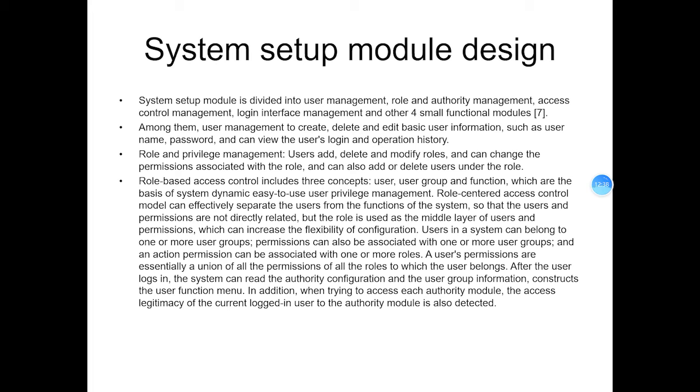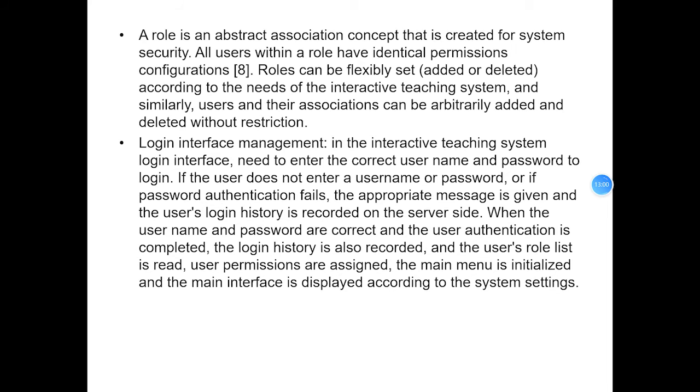The role-centered access control model can effectively separate the users from the functions of the system so that users and permissions are not directly related, but the role is used as a middle layer between users and permissions, which can increase the flexibility of configuration. A role is an abstract association concept that is created for system security. All users within the role have identical permissions configurations.